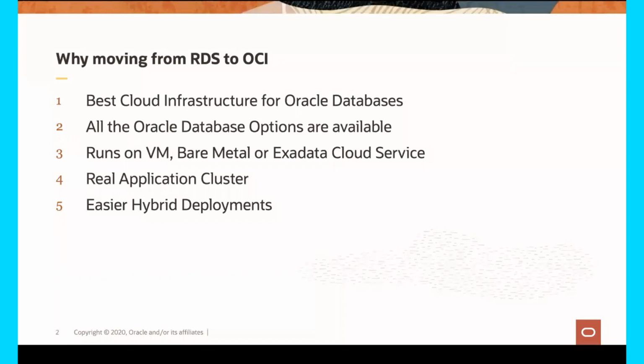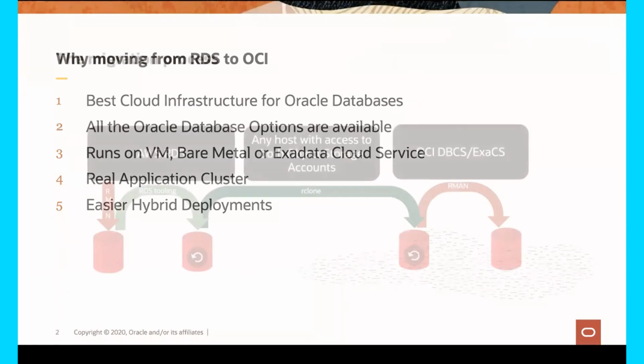You can use Real Application Clusters. For all these reasons, it's easier to use OCI for hybrid deployments, for example, because it's easier to match what you have on premises with what's available in the cloud. I will not go into more detail on why OCI specifically. This presentation is very technical, on the steps you need to take to do that.